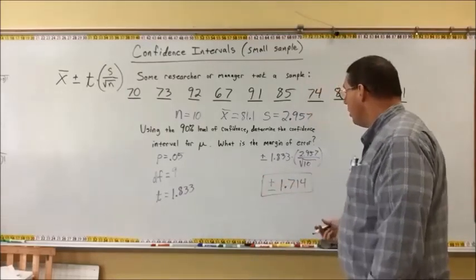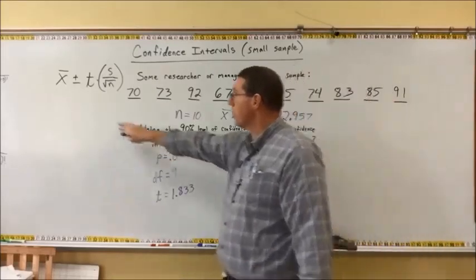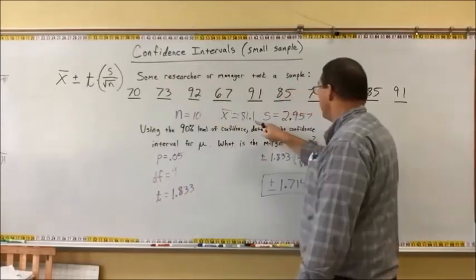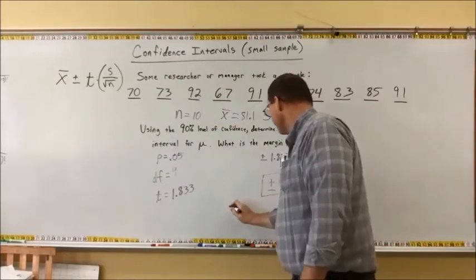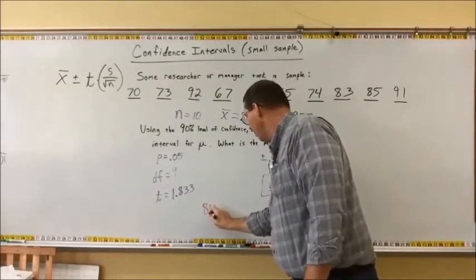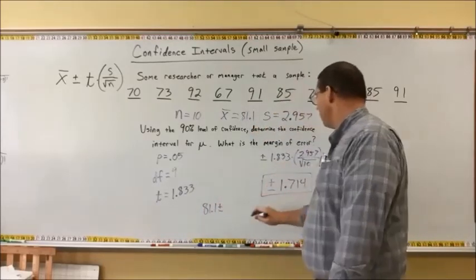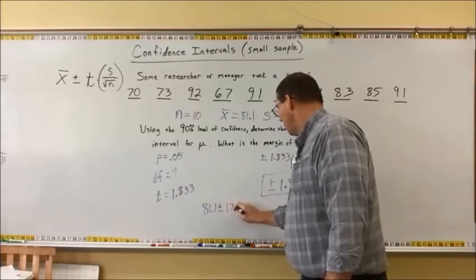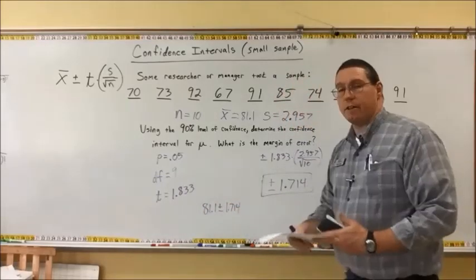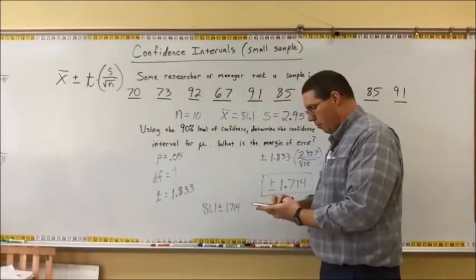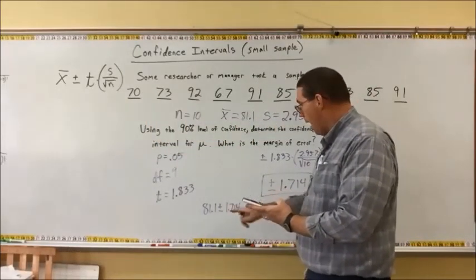And so now, if we want our confidence interval, we're going to do the sample mean, which is 81.1, plus or minus the margin of error, which is 1.714. And we can now find our confidence interval with a calculator. Do 81.1. We'll do the minus first.